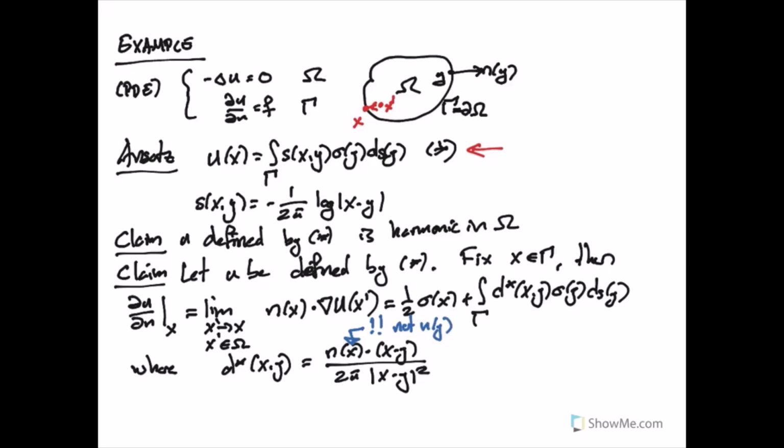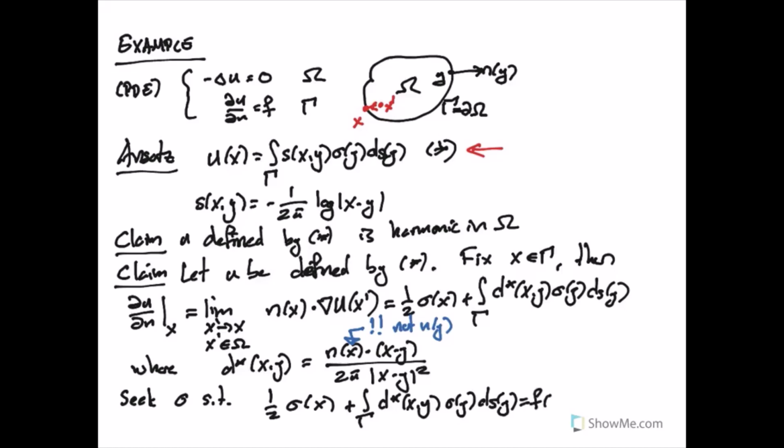So the point then is that the BIE we get, so we seek a sigma such that 1/2 sigma of x plus the integral over gamma of d star of x, y, sigma of y ds of y is equal to f of x, and this needs to hold for all x on gamma, and this is my BIE.